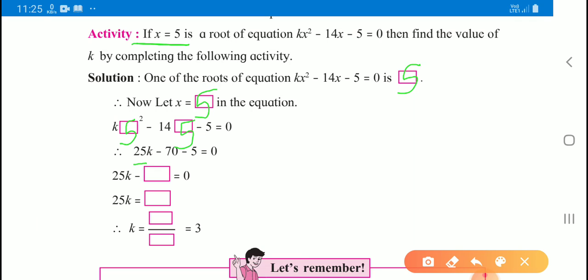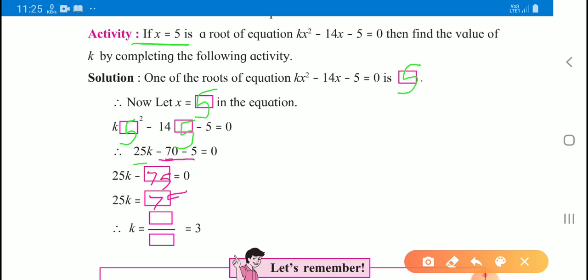Then next is 14 fives are 70, and 5. Now you can see here negative 70 and negative 5. You will get here negative 75. The negative sign was already given there. So we will shift this 75 to the right side, then it will become positive.